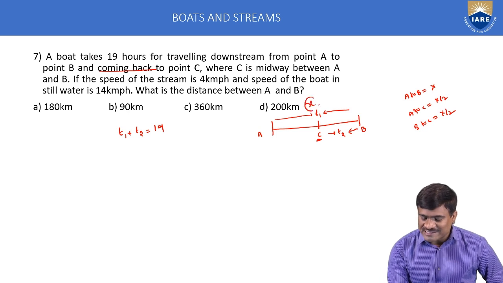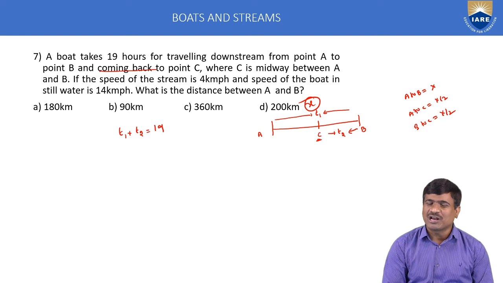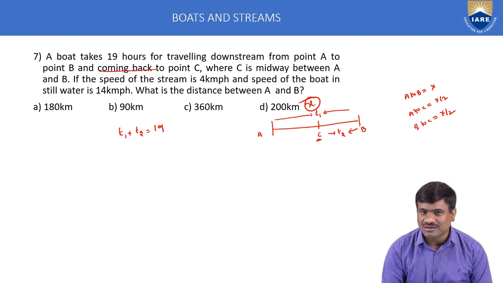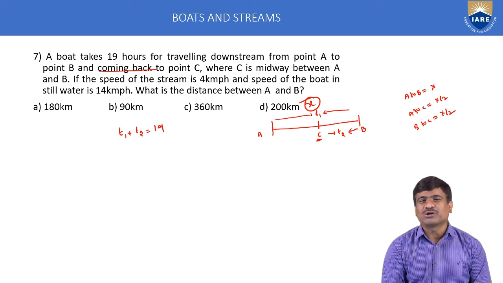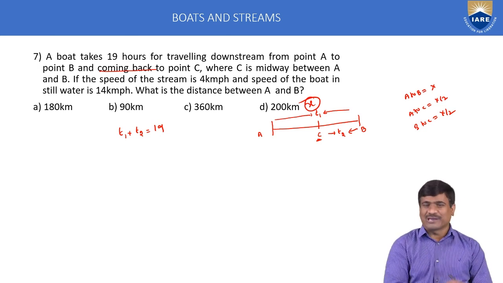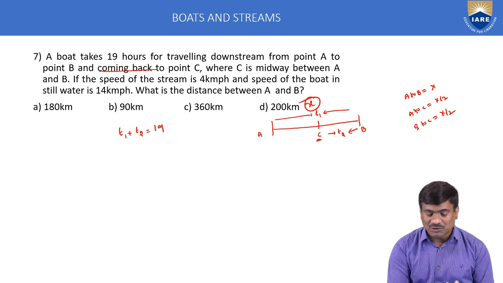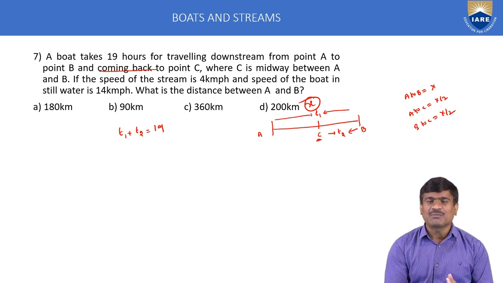Where A to B is called downstream distance, but B to C covers only upstream distance, but not B to A. The B to C covers only upstream distance. A total time given, total downstream time and upstream time is 19 hours.